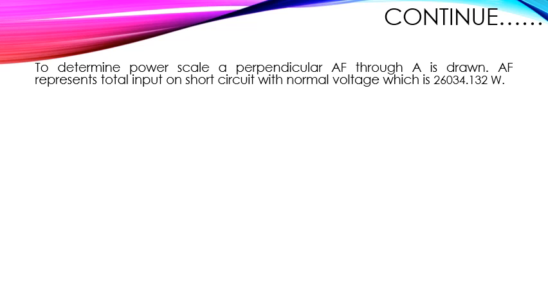So to determine the power scale, a perpendicular AF through A is drawn, that we have already seen. So AF represents the total input on short circuit with normal voltage, which is 26034.132 watts. Since AF is equal to 7.15 centimeter, we can measure it by scale, and it is 7.15 centimeter.